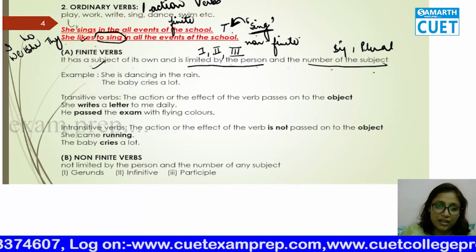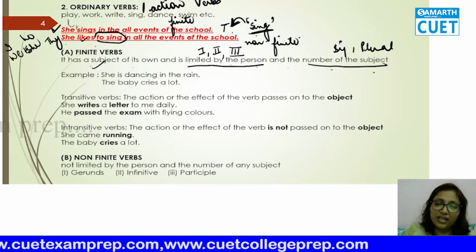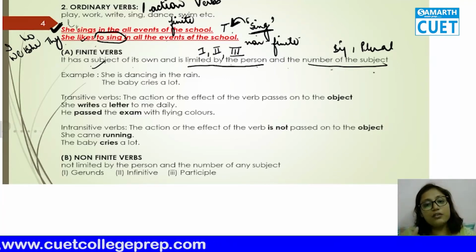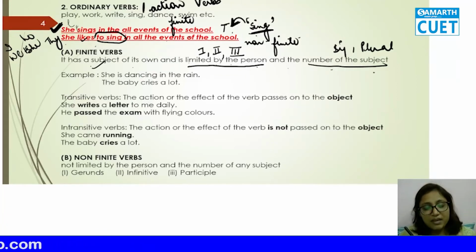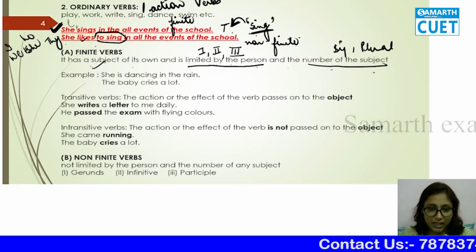Like the examples I have given here, but I think the example here suffices for everything. Now, finite verbs are of two types: the verbs that pass the action to the object, or the verbs that do not pass the action to the object, basically.